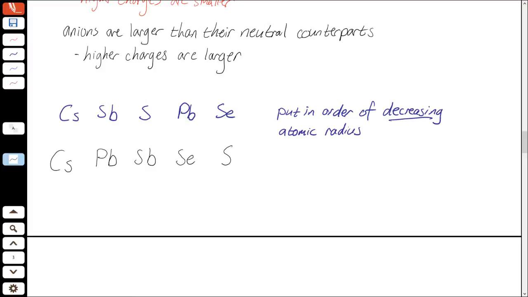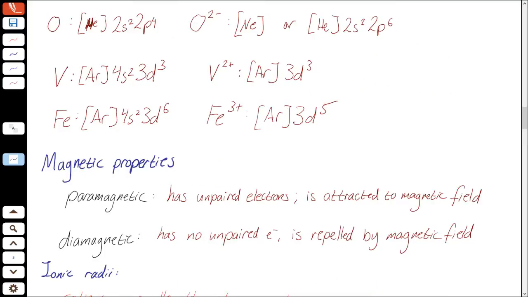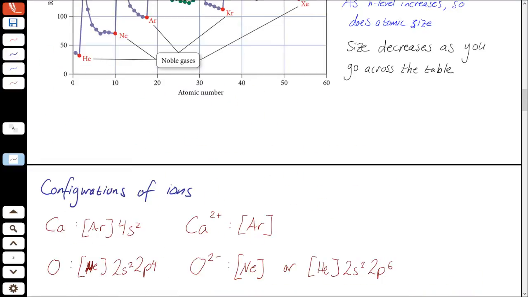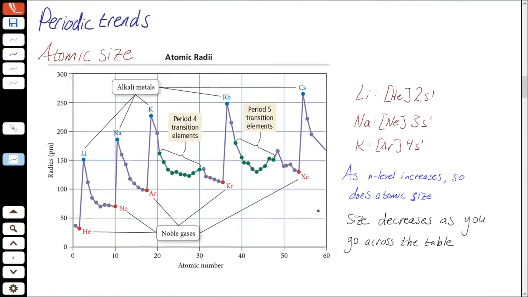If we go back up to look at that graph, for your example, gallium versus tin, gallium is like here, and tin is like here. So it's really hard to make that comparison because they have different trends a little bit. So you really need to look up those numbers when it comes to things like that.